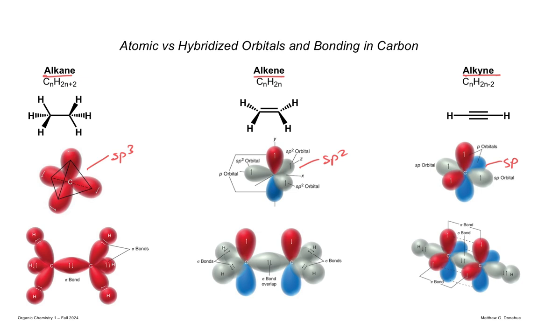So sp3, we call that a tetrahedral carbon. sp2 is called trigonal planar. And sp is called linear. So within that, we have things about physical properties such as bond distances and bond angles. And that'll be on a next summary slide.